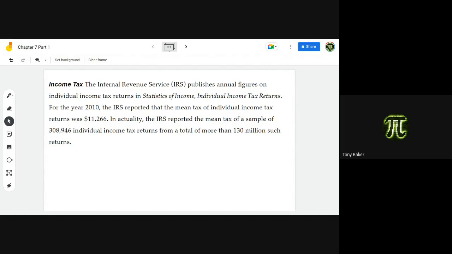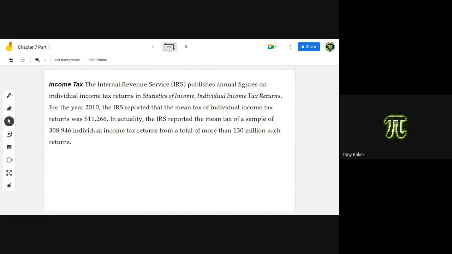So the IRS publishes individual figures every year. This obviously is old data because of the book. So for the year 2010, the IRS reported the mean tax individual income returns was $11,266. Technically, the IRS has all the data, so it could look at the population.